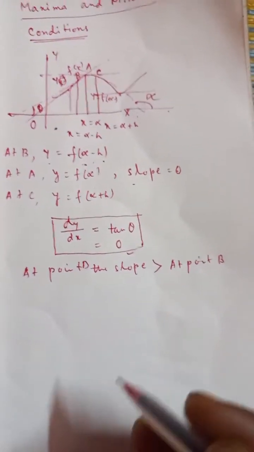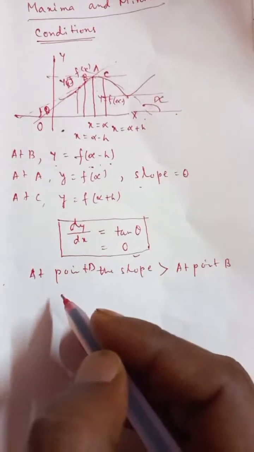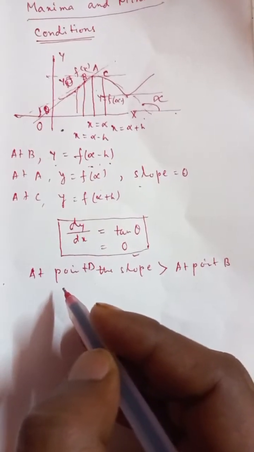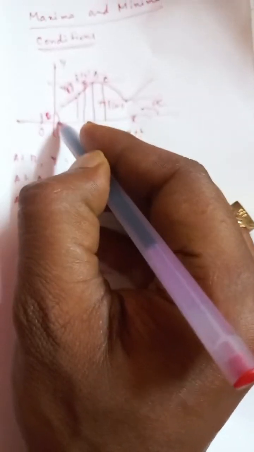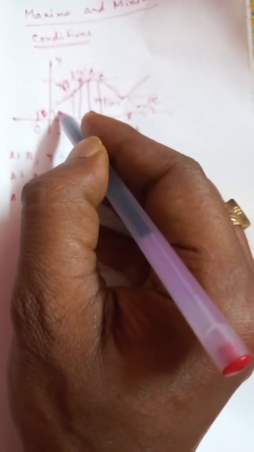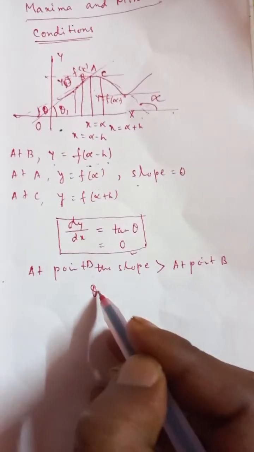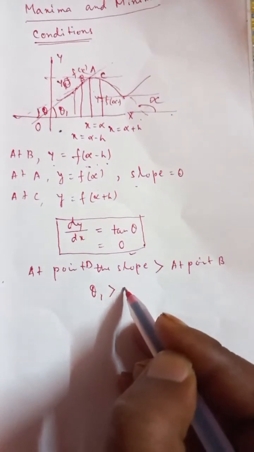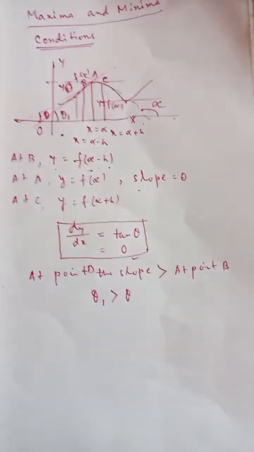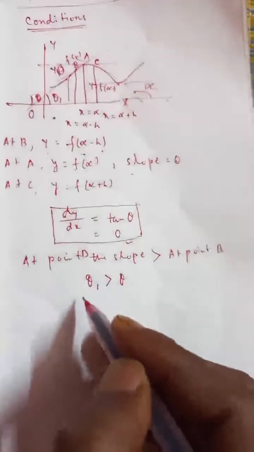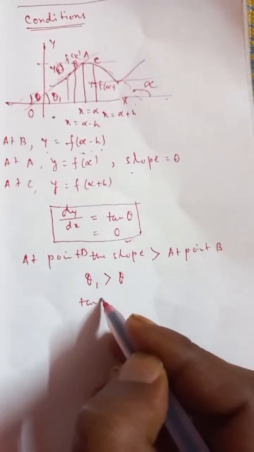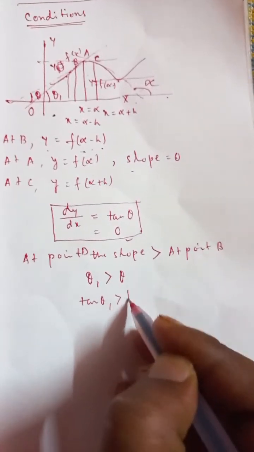So here I'm taking this as theta 1, at the point the slope is theta 1. So theta 1 is greater than theta, so tan theta 1 is greater than tan theta.